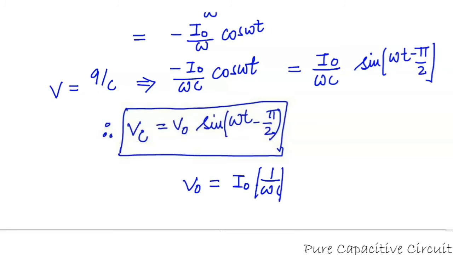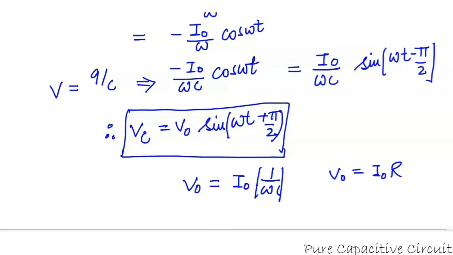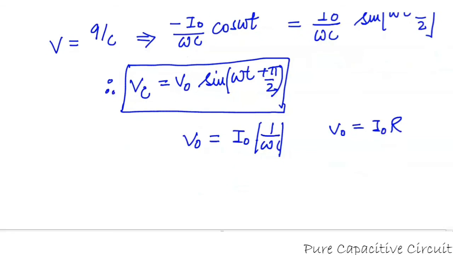Now if we compare this with Ohm's law, V_0 = I_0 R, we can see that 1/ωC and R will have the same unit. So we take the 1/ωC term out and give it a special name, capacitive reactance, denoted by X_C.